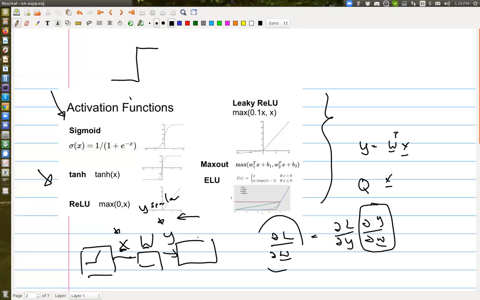Now if I have an activation function here whose output is always positive, like a ReLU, then my X will always be positive. All of its coefficients can only be positive.